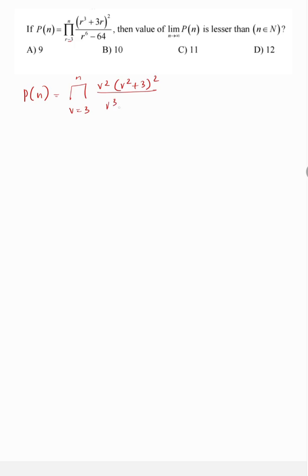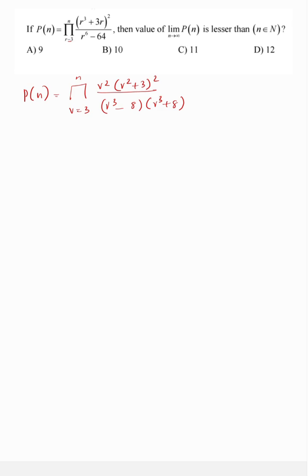So I can write (r cube minus 2 cube, which is 8) into (r cube plus 8). I hope it's clear. In the numerator I have taken r common, so r into (r square plus 3). Now I took r out from the square, so I got r square into (r square plus 3) whole square, divided by the denominator, where I just did a plus b into a minus b.